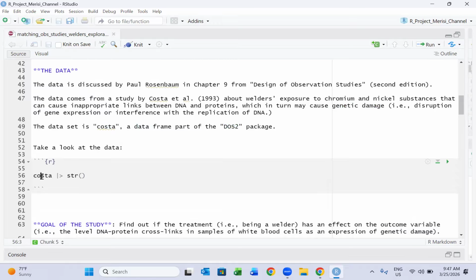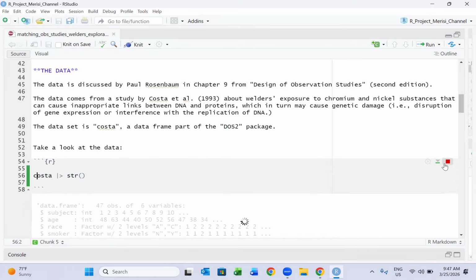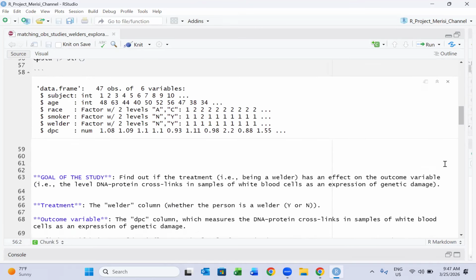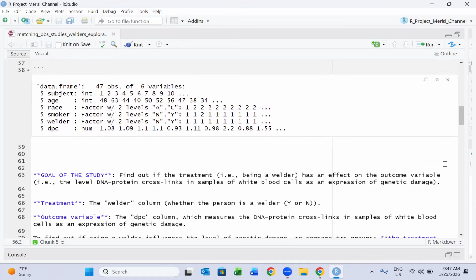And sure enough, here we're going to take a look at the data set by using the structure function and the name of the data set, okay? This is a data set with 47 rows. So we have data about 47 observations or people. And for each person, we have the person's age, race, smoking status, welder status, and DPC. I will explain what DPC is later in this video, okay?